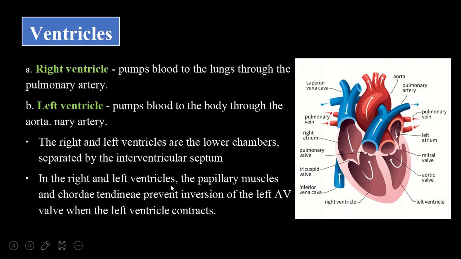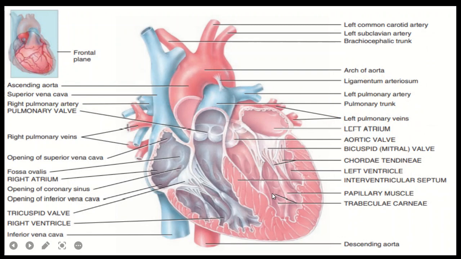So in the right and left ventricles, the papillary muscles and chordae tendineae prevent inversion of the left AV valve when the left ventricle contracts. So meron tayong papillary muscle, this is the papillary muscle and the chordae tendineae.